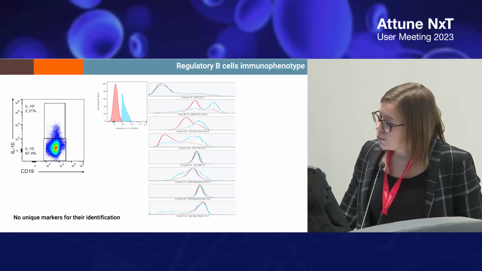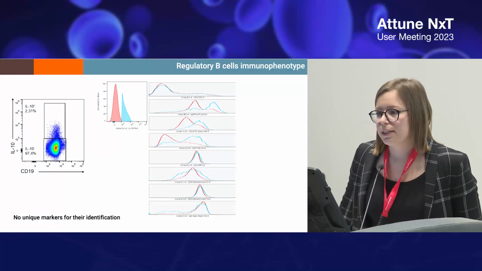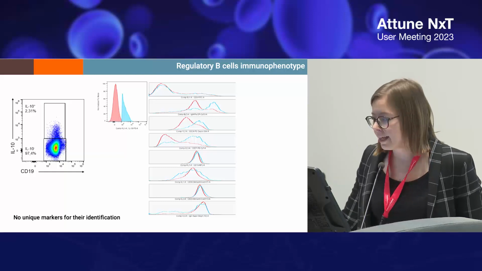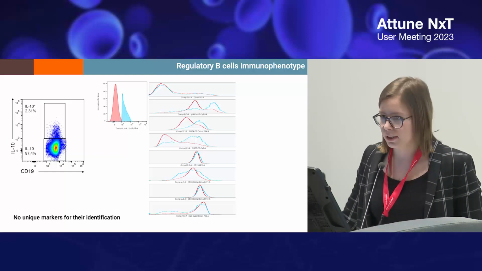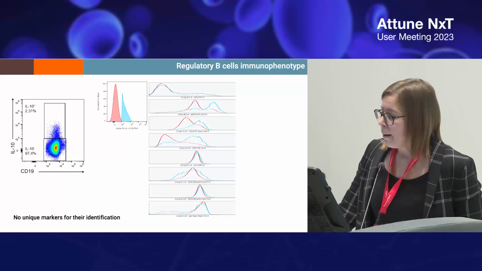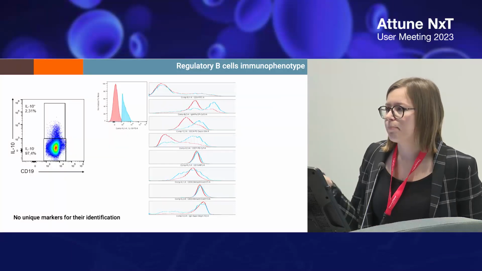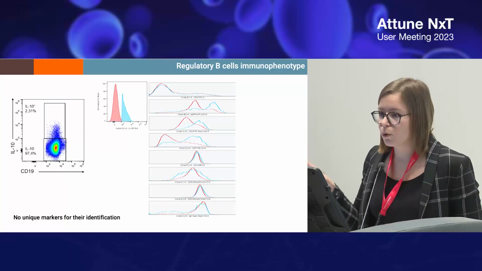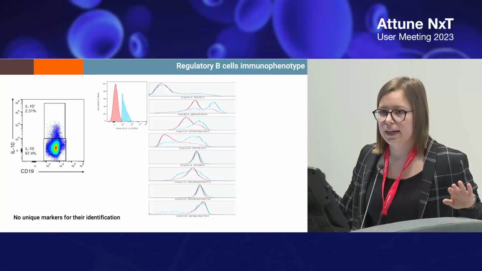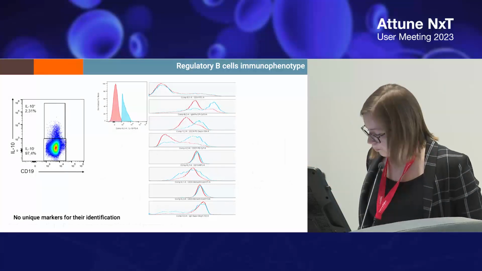In literature, you will find that CD9 is also a regulatory B cell marker, but from my experiment, I do not see that. Maybe I'm using the wrong clone for the CD9, but what I can tell you is that in mice, instead, the CD9 works well to separate IL-10 positive from IL-10 negative B cells.